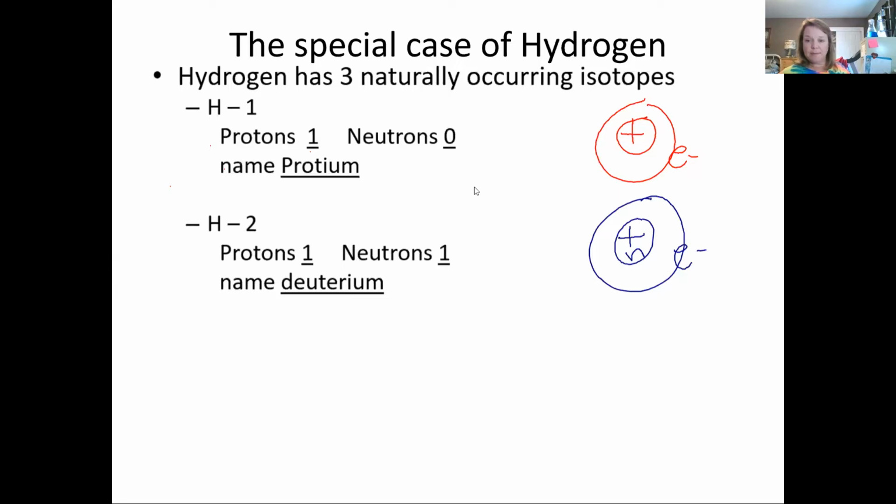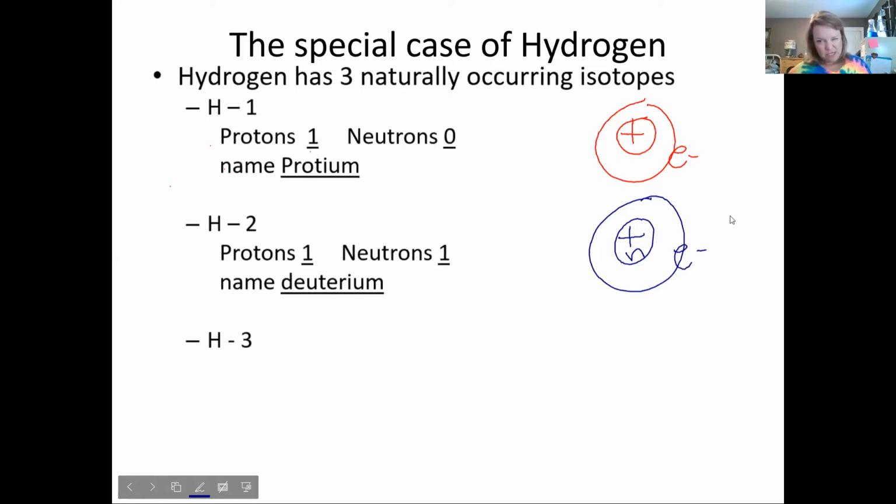We would all be communists had it not been for parachuting scientists that knew about heavy water. When you guys are in chemistry, I'll tell you that whole story. It's really fascinating. Anywho, let's go on to the third isotope of hydrogen.